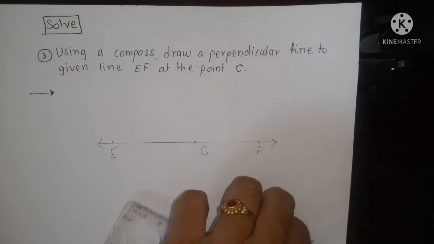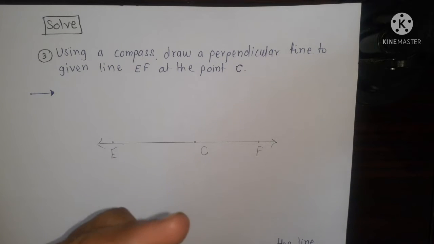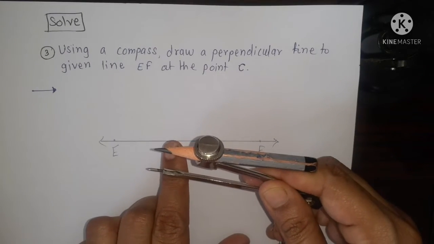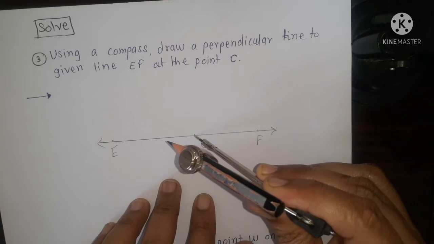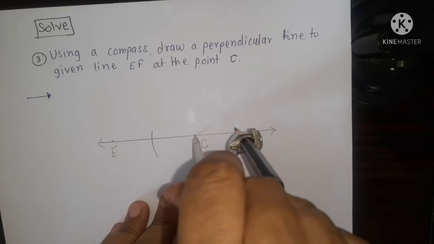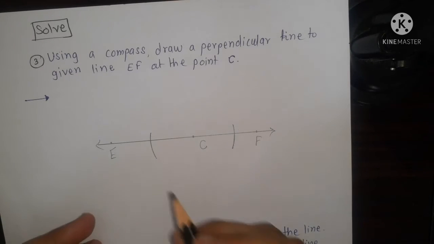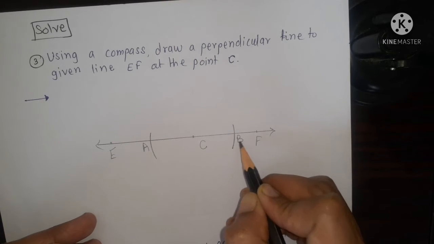We use a compass for drawing the perpendicular line. Take a sufficient measurement in the compass, put the metal point on C and draw an arc on either side of the point C. We get two arcs; give the names A and B to the intersections.